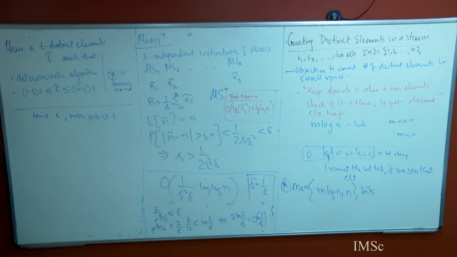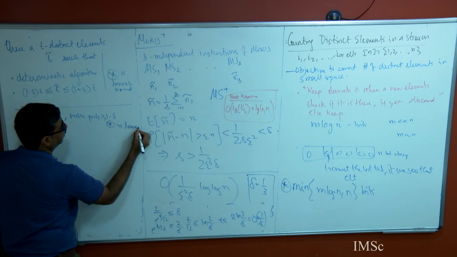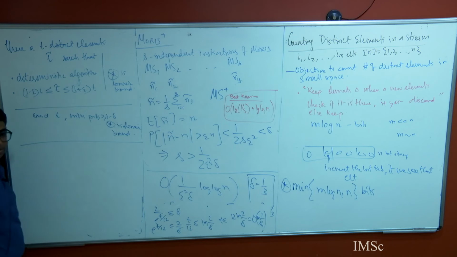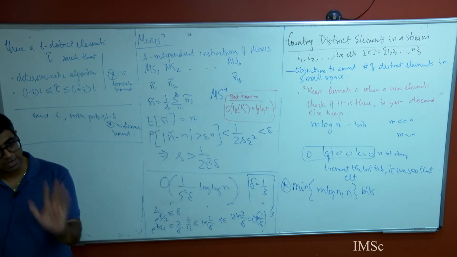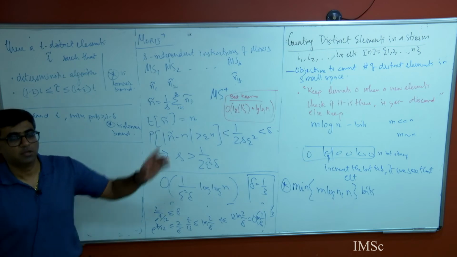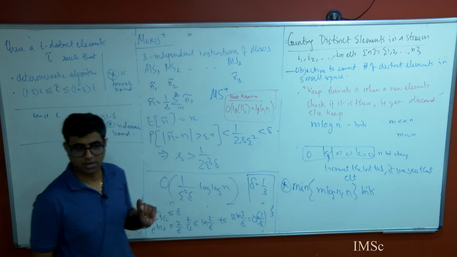No approximation, I want the exact t, but with very good probability. Again, this is a lower bound. So if I allow you just approximation and seek a deterministic algorithm, you cannot do better than what we just did. If I allow you randomization but do not allow approximation, that still holds as a lower bound, and we will see at least one of these lower bounds in the next lecture.